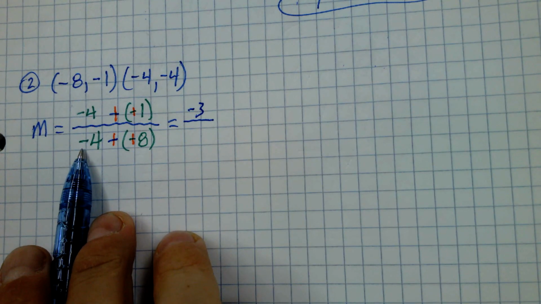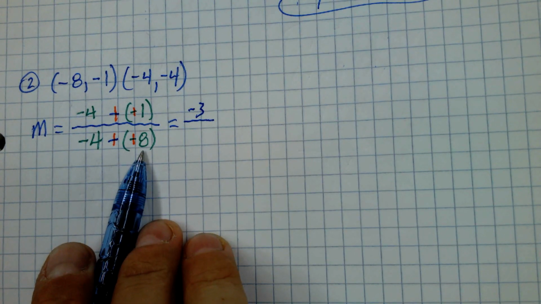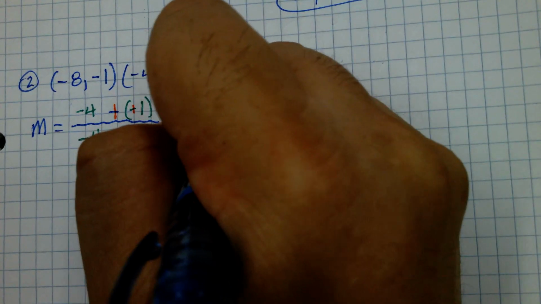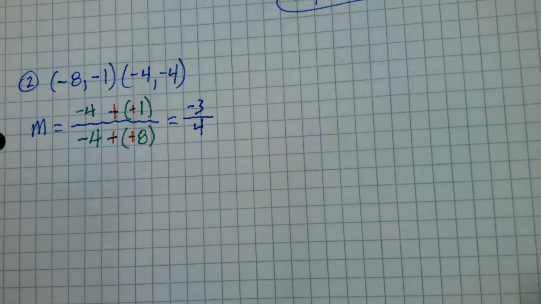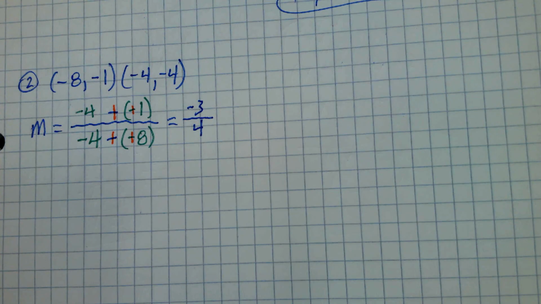Negative 4 plus positive 8. That's positive 4. So I have negative 3/4. Can I reduce that down? Can I make that a smaller fraction? Nope. Cannot. We don't have a common factor that would divide out. So we'll keep this as negative 3/4.